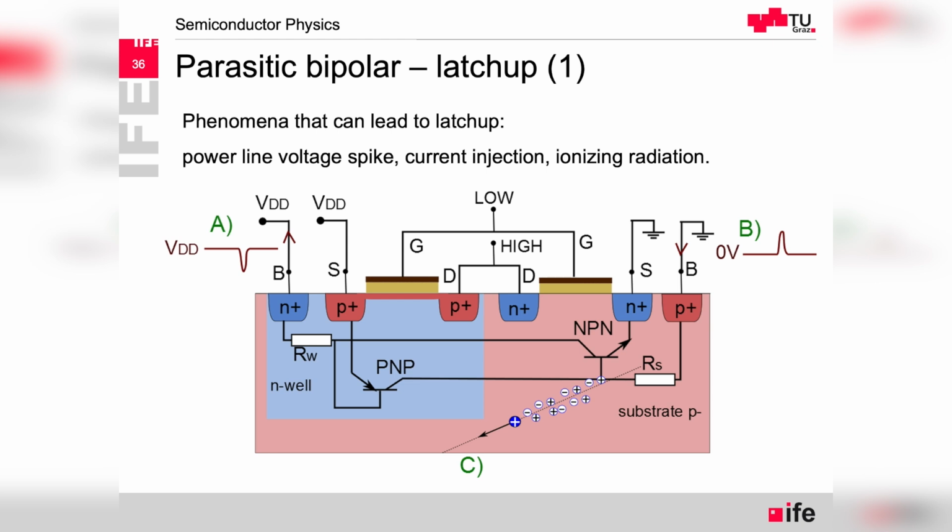But basically, we end up having an n-p-n structure: n source, p substrate, and n well, and p and p, because there is a p-type substrate on the other side. So basically, we have a coexisting structure of two bipolar transistors. And what can happen is that one junction, because of overvoltage spikes at the power supplies, lower or upper power supply, or maybe an ionizing particle, this happens in normal operation.